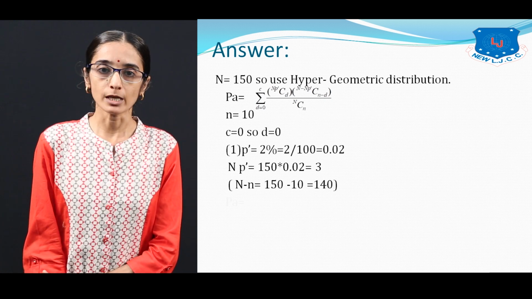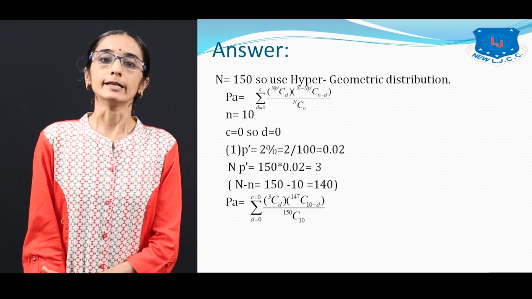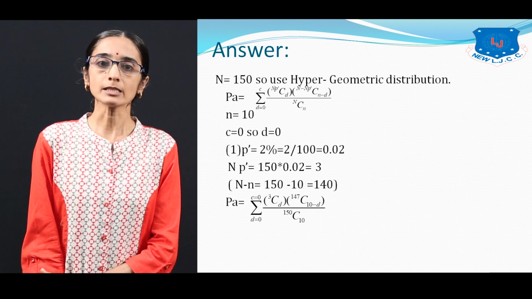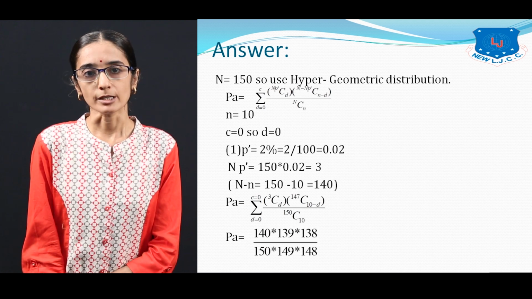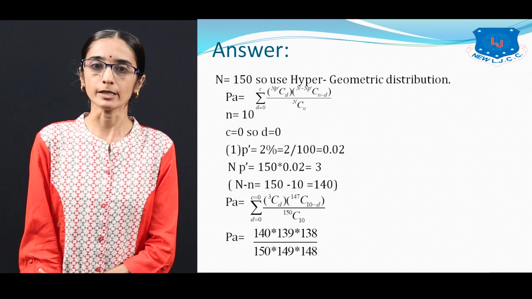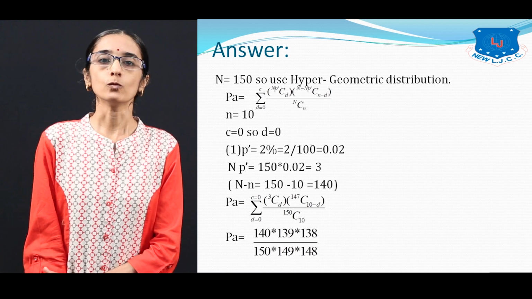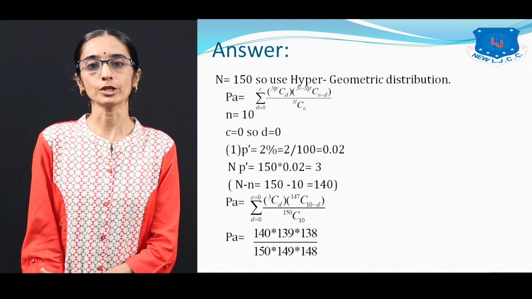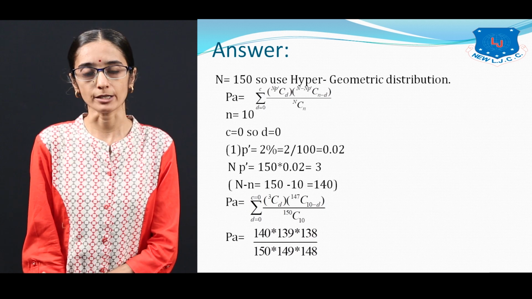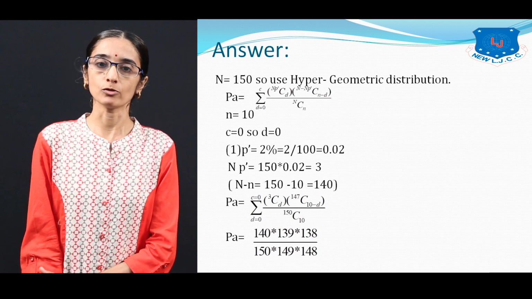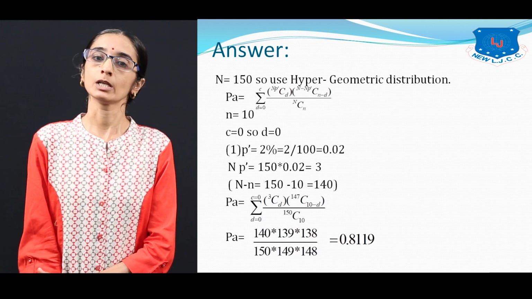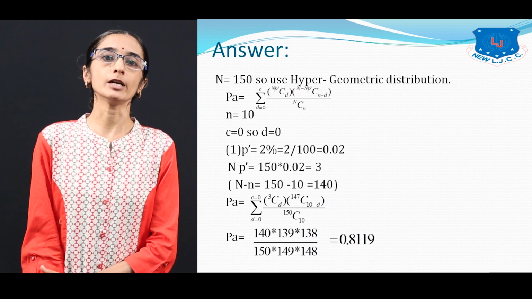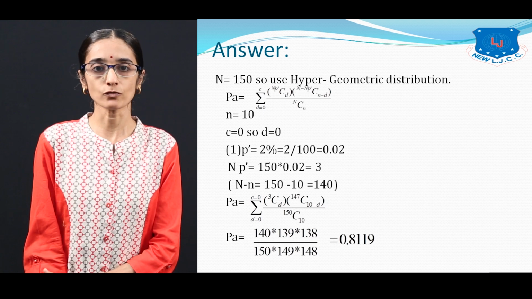So now PA value we can directly calculate as 140 into 139 into 138 divided by 150 into 149 into 148. So the final answer value will be 0.8119.